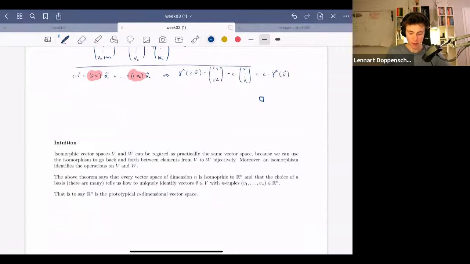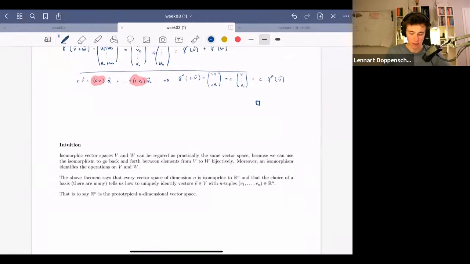So the idea is that because you have this isomorphism, whatever operation or transformation you consider in V, you can also do now in Rn. So this gamma is rigidifying this.